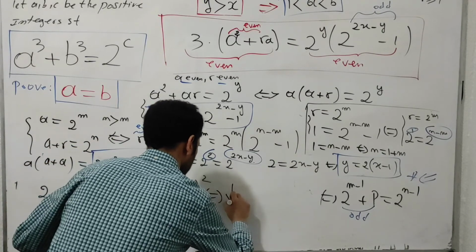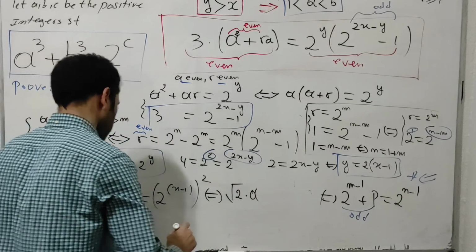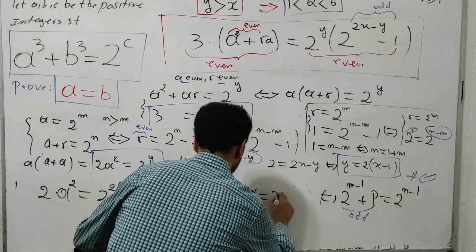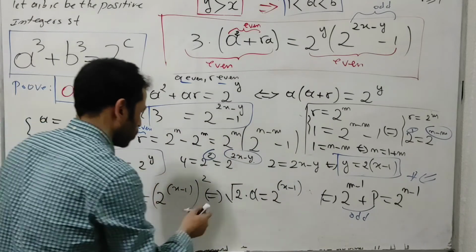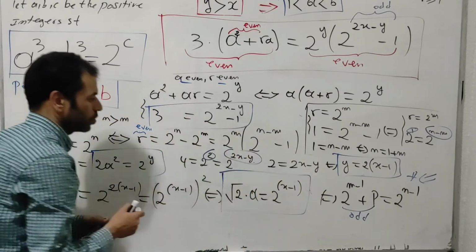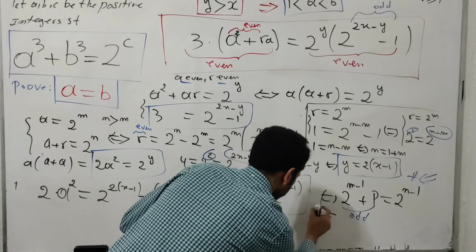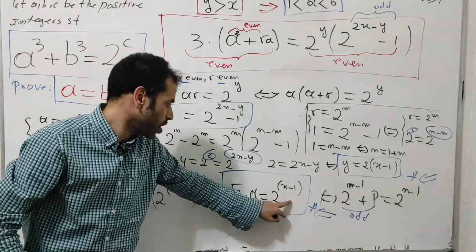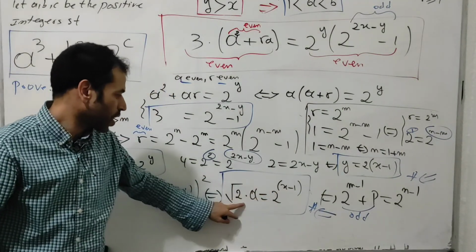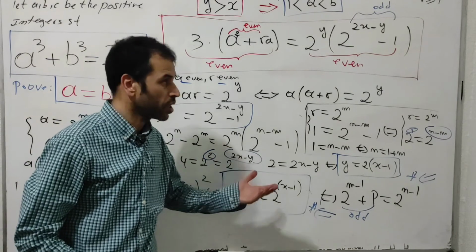I will have square root of 2 multiplied by a equals 2 to the x minus 1. So I have ended with this expression. This is impossible. This is a contradiction, because the right hand side of this equation is an integer, but the left hand side is not an integer. We found the contradiction on this side.